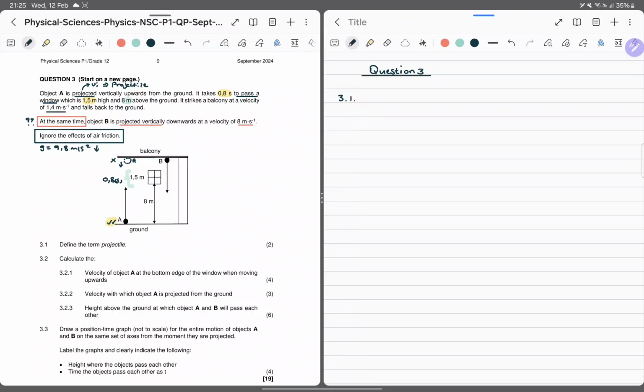So 3.1, we are asked to define the term projectile. Can you see? Easy.